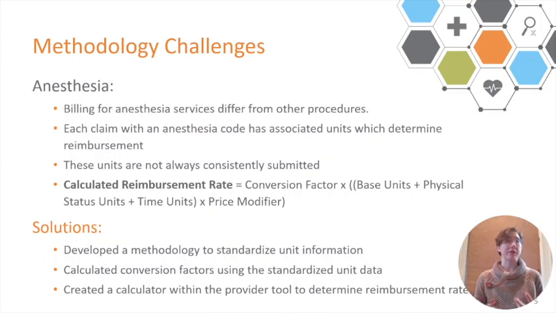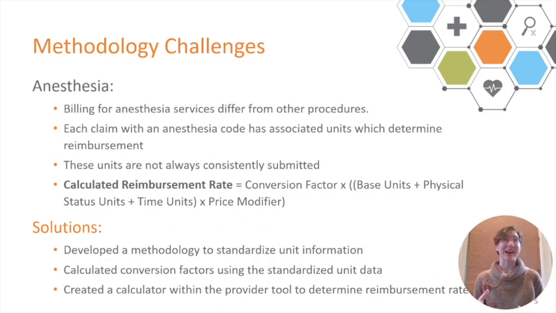Another specific area is anesthesia, which is also a hot topic with surprise billing. The reason this is challenging is there's some of that same issue of a lot of anesthesia being billed out of network. And the other piece is that billing and reimbursement is calculated very differently for anesthesia compared to a lot of other procedure types.